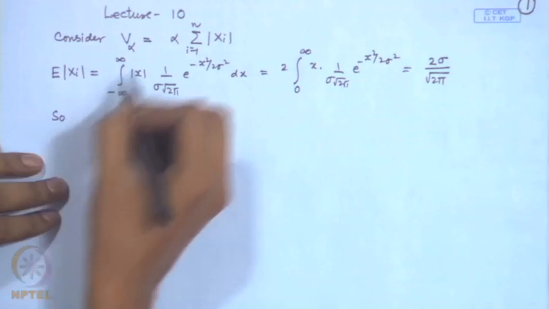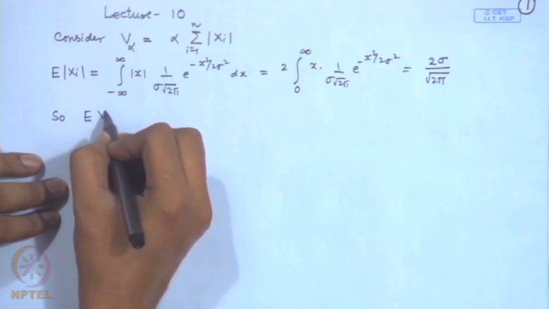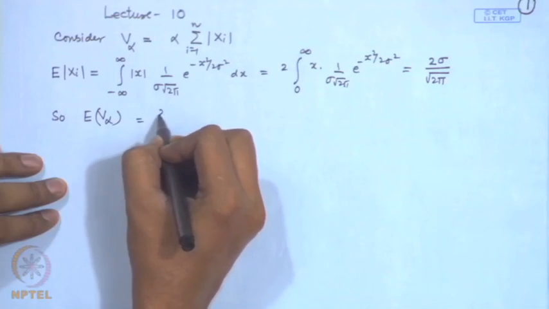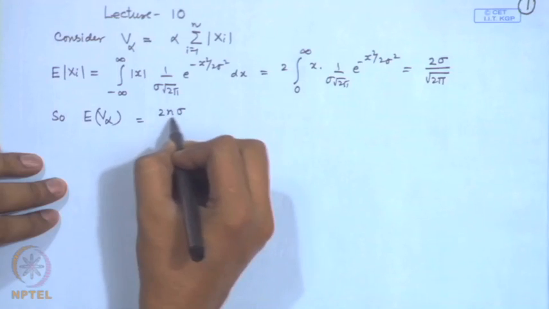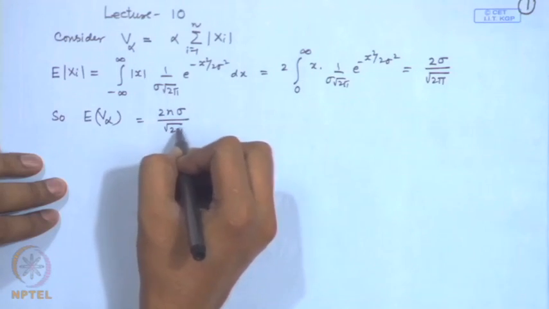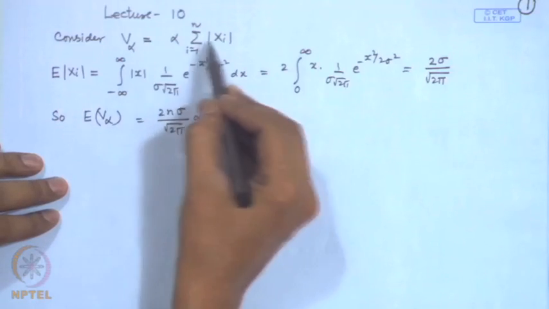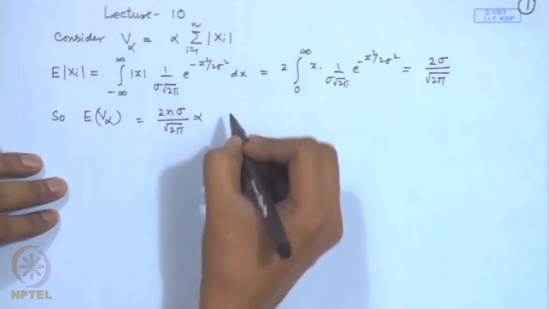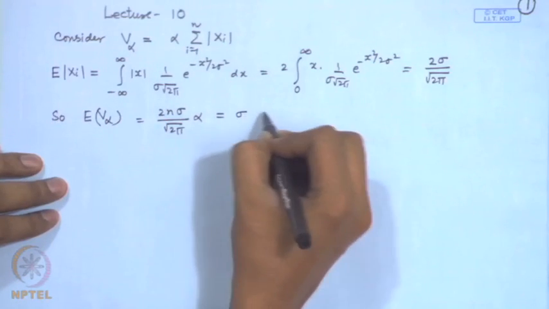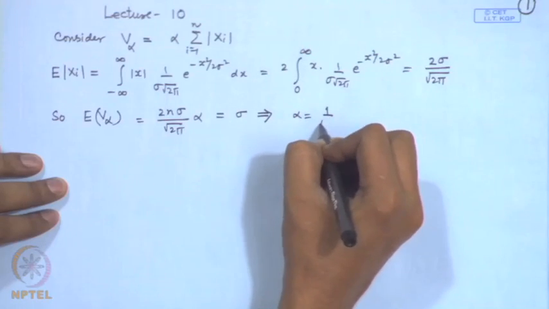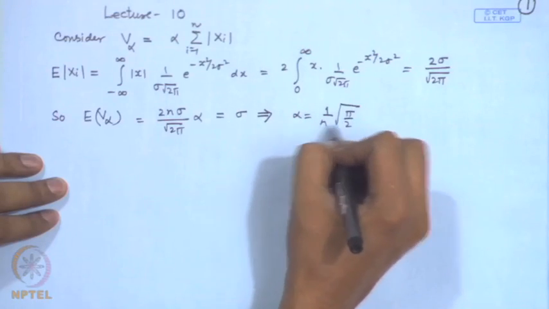So, the expectation of V alpha will be equal to twice n sigma by root 2 pi times alpha. Now, if we want V alpha to be an unbiased estimator of sigma, then we set this equal to sigma, and that gives the value of alpha equal to 1 by n root pi by 2.